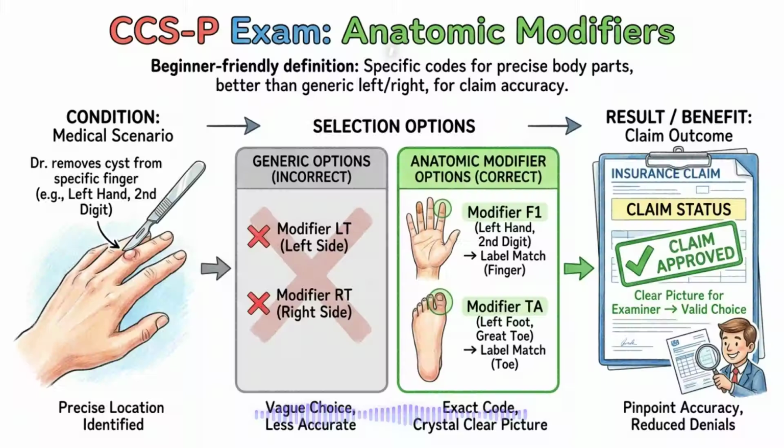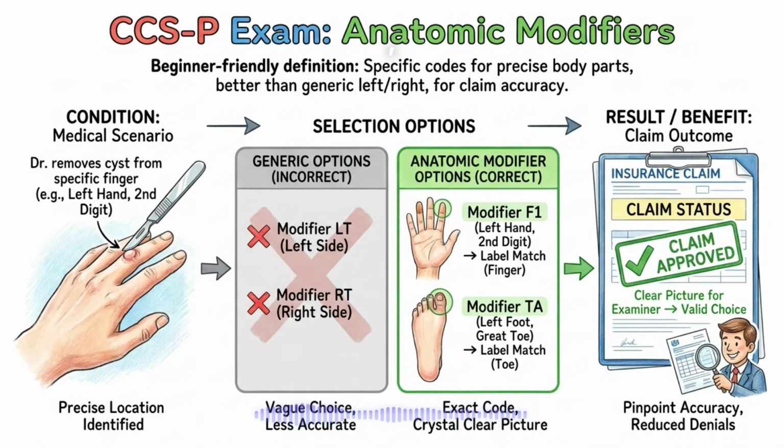Anatomic modifiers are another incredibly useful tool for providing pinpoint accuracy on your medical claims. The HCPCS manual contains specific alphanumeric modifiers for individual fingers, toes, eyelids, and coronary arteries.